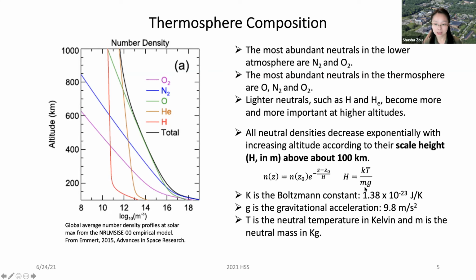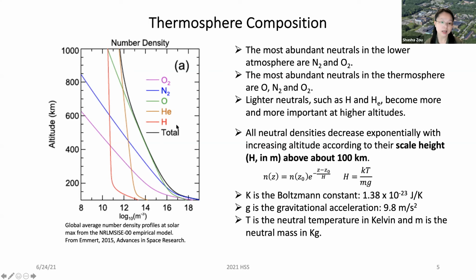So what that means is these light particles, their densities will decrease much slower than the heavier particles. This is very well represented in those empirical models. If you look at here, for example, the magenta color is O2, and O2 is the heaviest here, right? So you can see the O2 density decreases very rapidly as we move to higher altitudes.